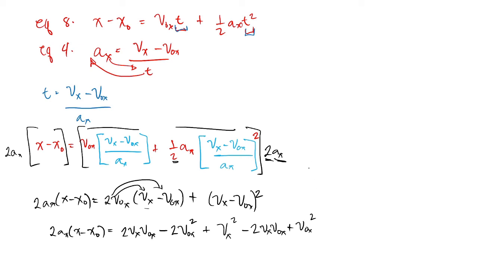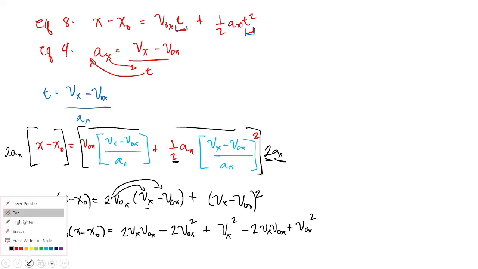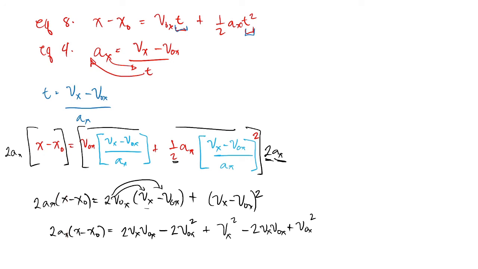Medyo naging complex yung itsura ng ating equation, but as you can see here, may mga magka-cancel out actually dito. Maka-cancel to kasi we have 2 vx v naught x and negative 2 vx v naught x. So, 0 na yan. Then, we have here our 2 v naught x square and v naught x square.